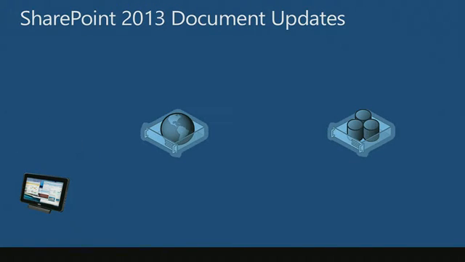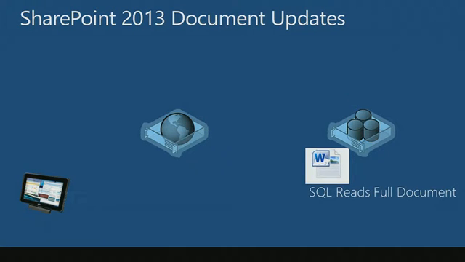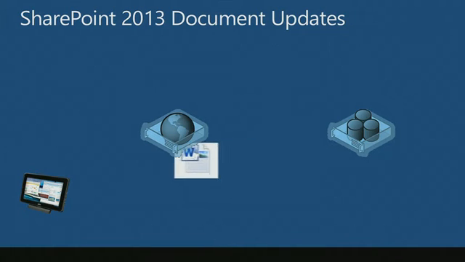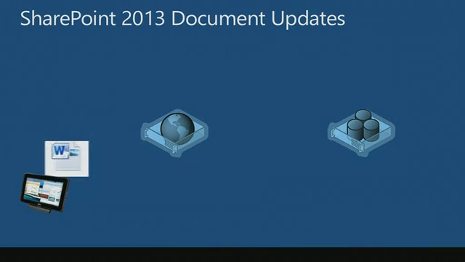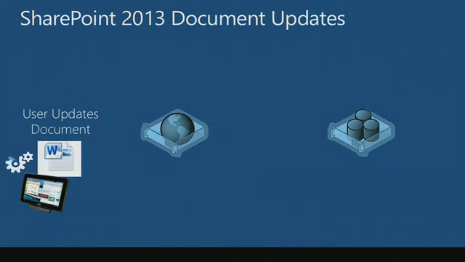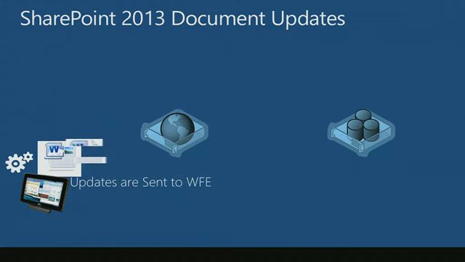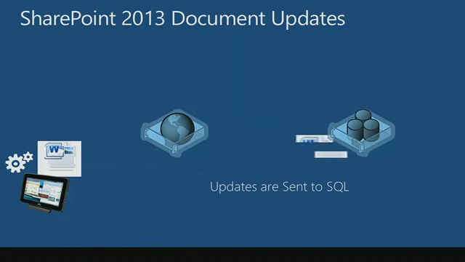However, under 2013, what basically happens is we get the user request, it comes through, gets the document, does the read back down to the client, and the user updates the document. But now, when we send the update back up to SharePoint server, it only sends the updates back up.